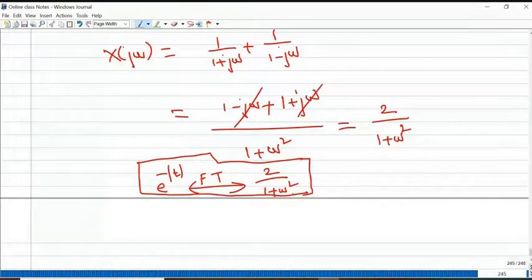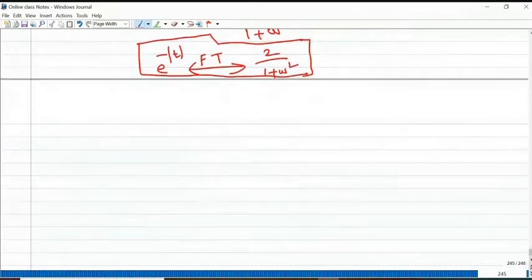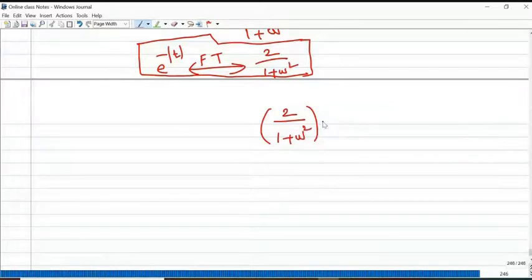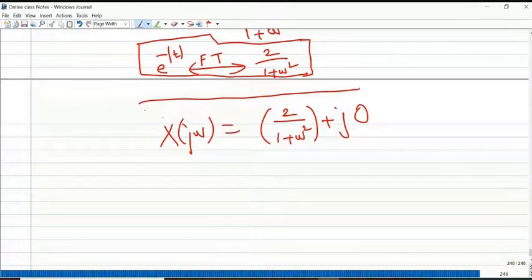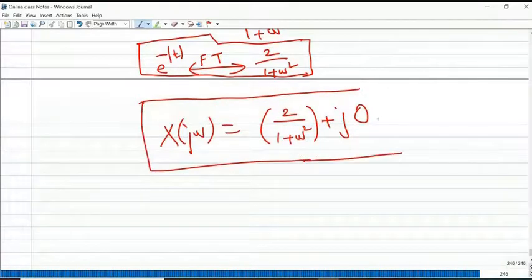If we want to plot the magnitude response and phase response for different values of omega, find out x of j omega. In this example, the imaginary part is not there. 2 divided by 1 plus omega square is the real part, plus imaginary part is 0. So phase response is 0 for all the values of omega.